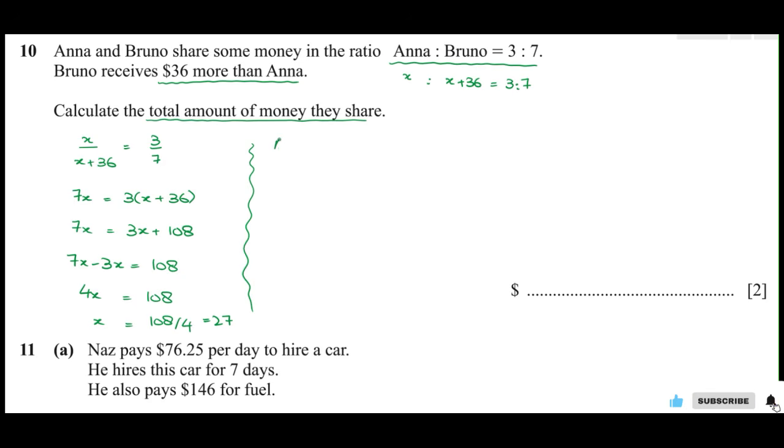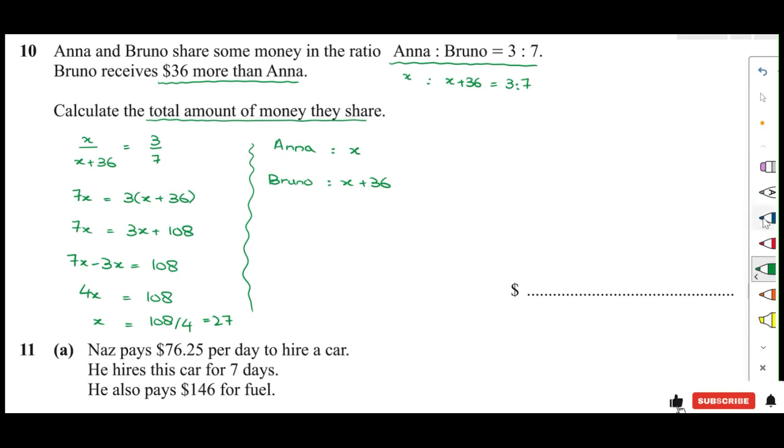Okay, so Anna is x and Bruno receives x plus 36, right? So what is the value of x? We got x is 27, and this is 27 plus 36.